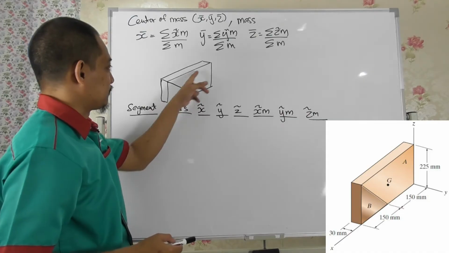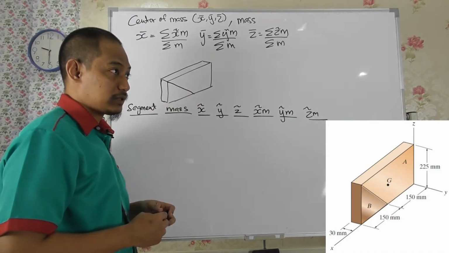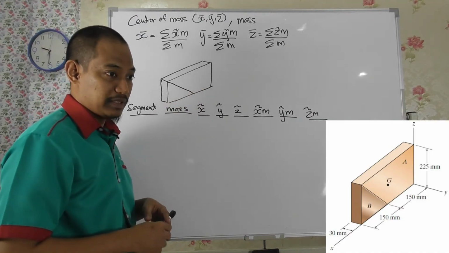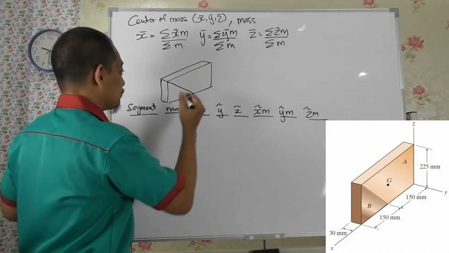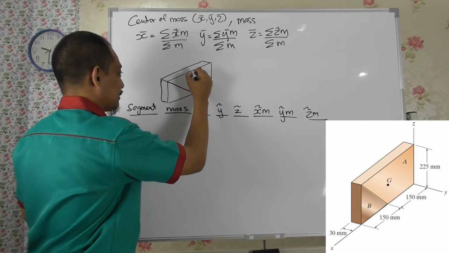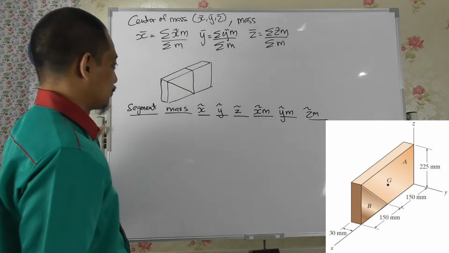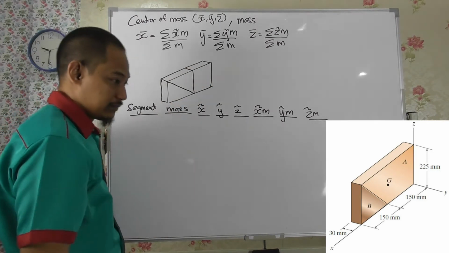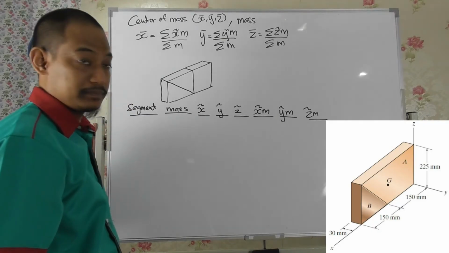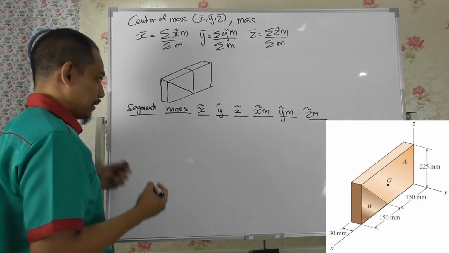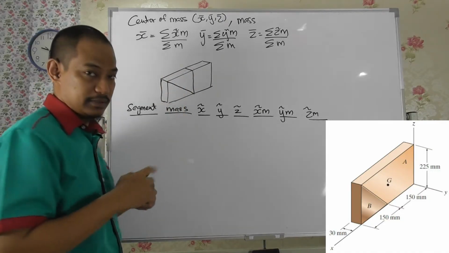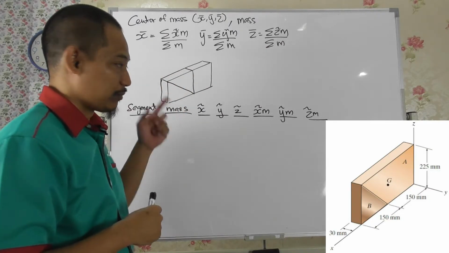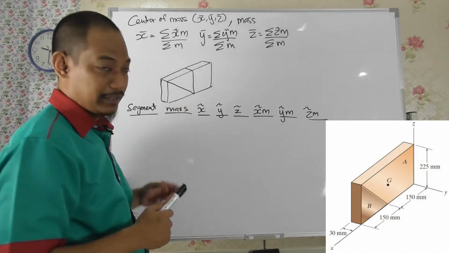But a trapezium is not something that we know exactly where the centroid is, right? So we can just divide this into a triangle and a rectangle, right? That's how we will divide it, and then the axis is basically there, as you can see from the diagram.